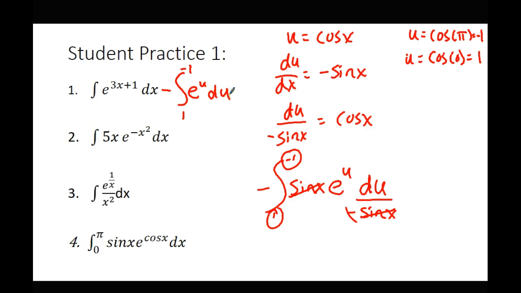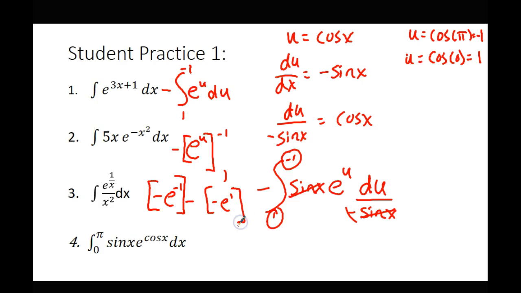Okay. All right. So we know the integral of e to the u is e to the u, right? Bring down your negative, get rid of the integral, put brackets instead. 1 and negative 1. Right? So we have negative e to the negative 1 minus negative e to the positive 1.